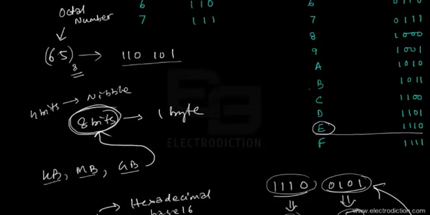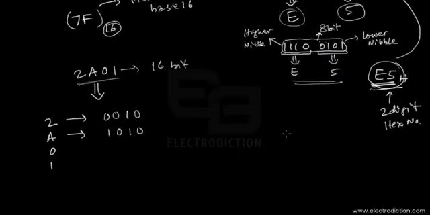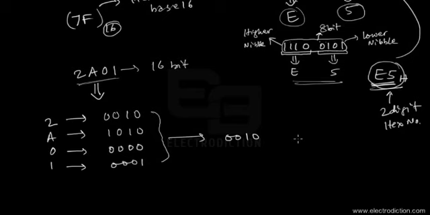For A, yes, 1010, not a problem. Then for 0, it will be all zeros. And for 1, 0001. Now if you write them side by side, you get 0010, then 1010, then all zeros, and then 0001.